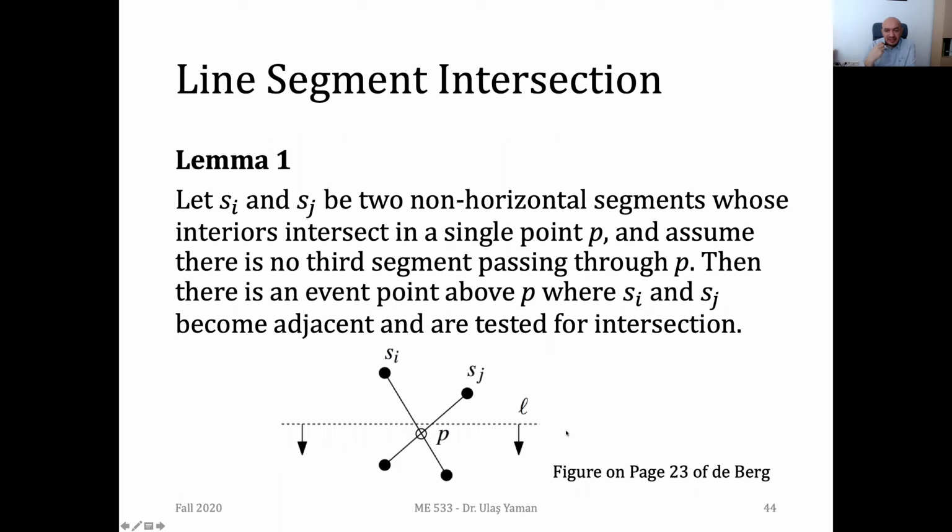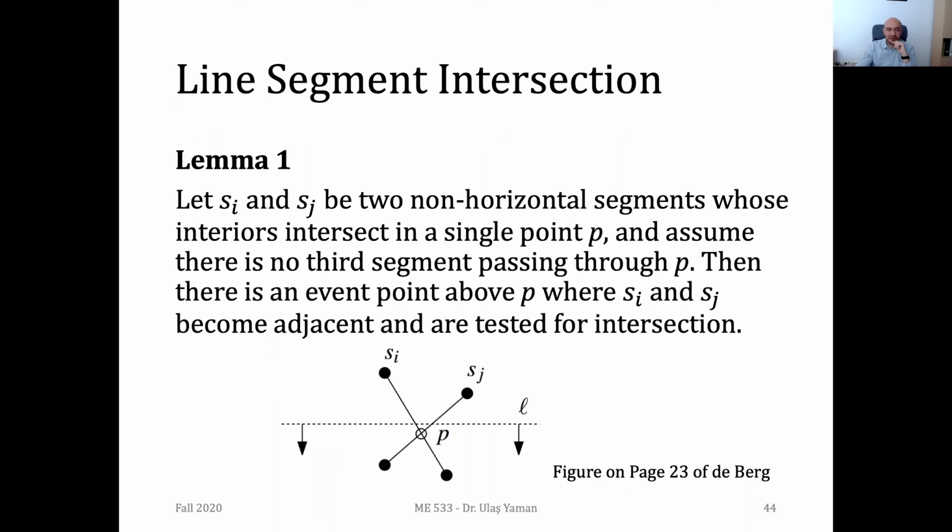So we can actually say yes, we can determine all the intersections if we are just checking the pairs, checking the neighbors. Why is that? Since we know that if you have an intersection, you should find that intersection somewhere above the sweeping line.